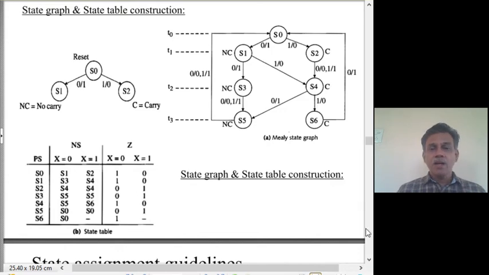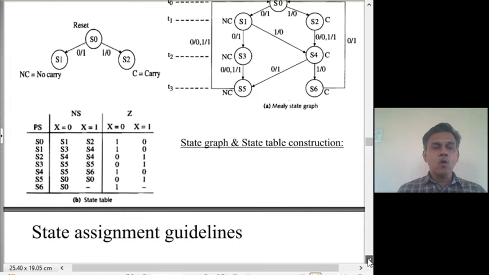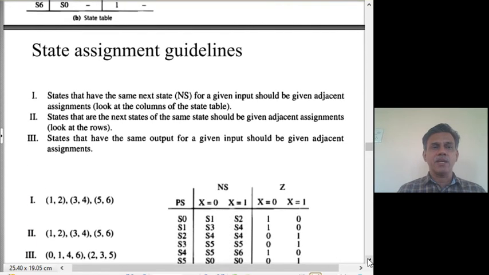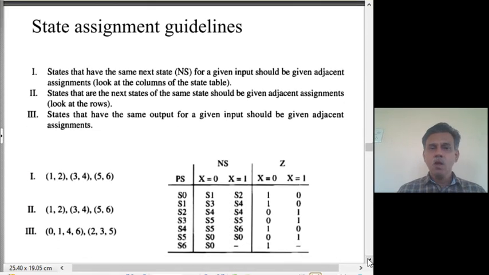Well, now, the next step is to encode the states, or do a state assignment. What do we mean by that? We mean that we should store this state information in a state register. A state register has different state variables which are nothing but bits.